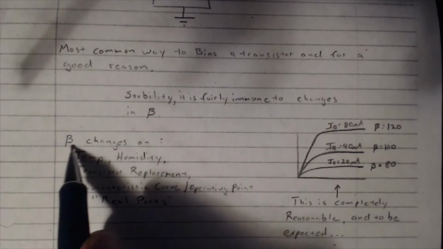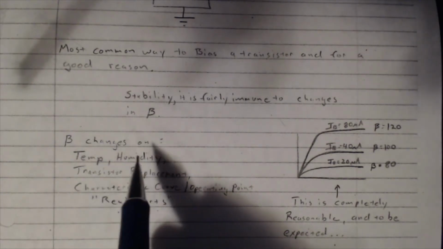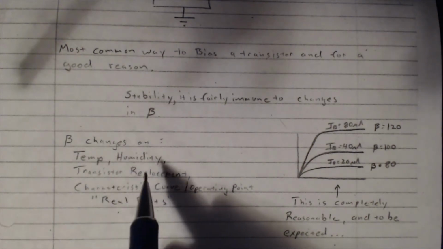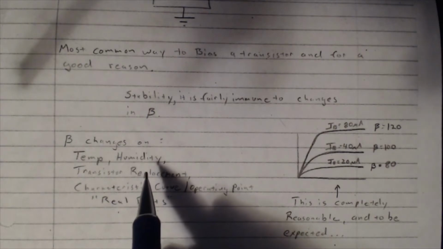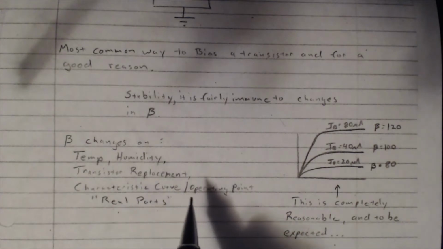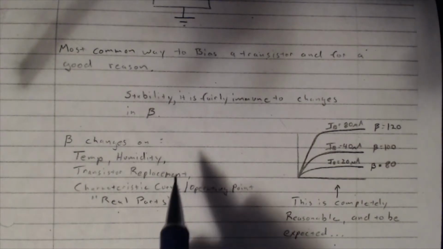And we can expect that beta will actually change based off of the temperature, the humidity, transistor replacement. So even if I made 100 transistors in the same process, in the same factory, using the same materials, each one of them will have a beta that changes a little bit. And also based off of how you use the component, you can also expect beta to change.